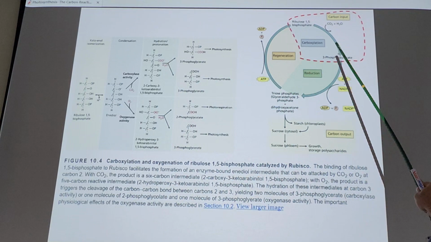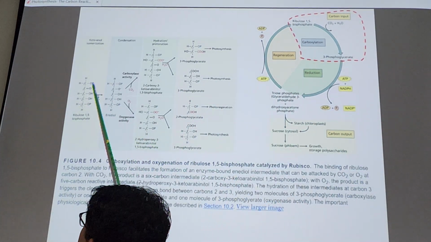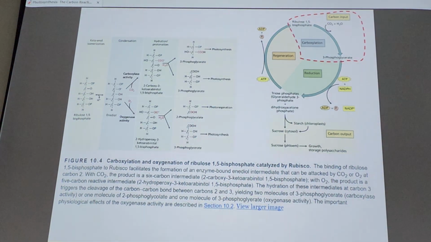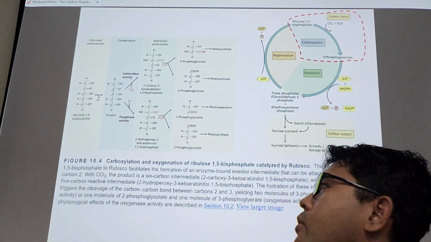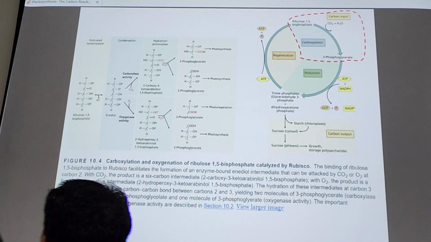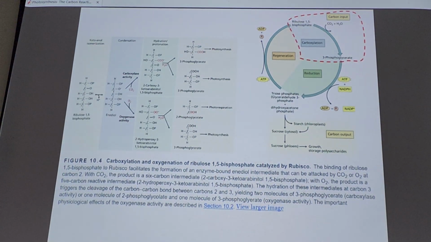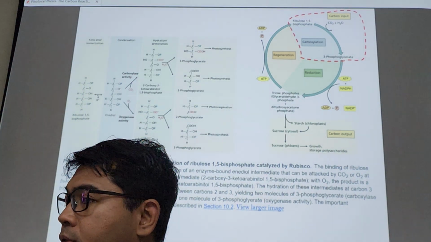Right. So let's look at what happens in a bit more detail in number 1. In number 1 here, this is what happens to the RuBP, the 5-carbon sugar, and also the Rubisco. So this RuBP will go through some kind of chemical transformation, right?